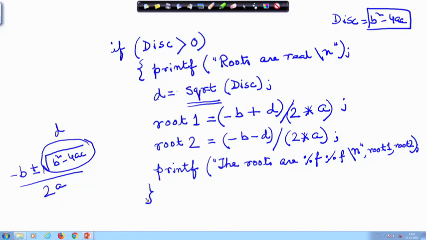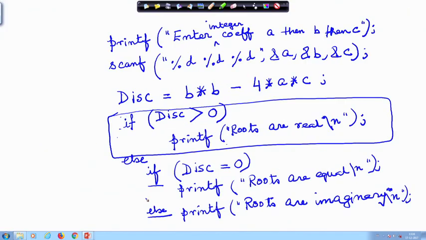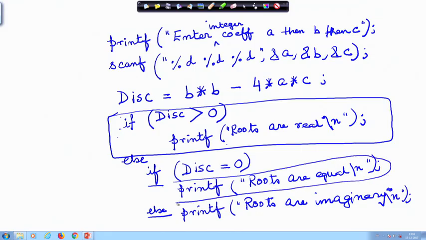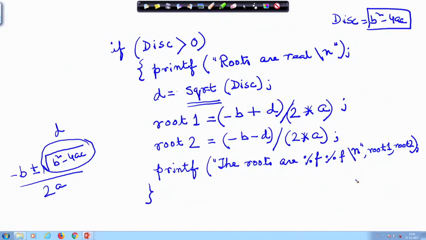So, if we go up, I will modify this part in this way. You will also have to modify this part. What should you do? Simply, what can I do to write this? If disk is 0, then I will print roots are equal, right, as I have written roots are real, and then I will find out.